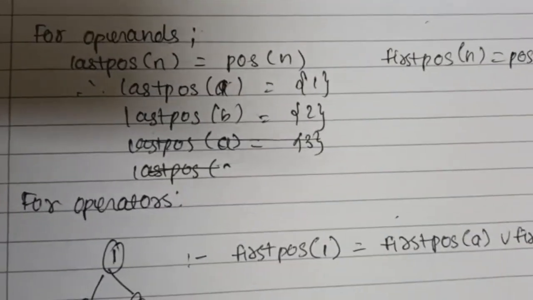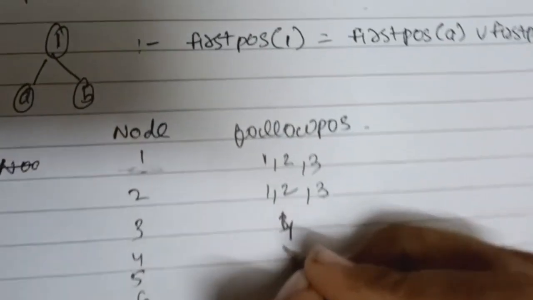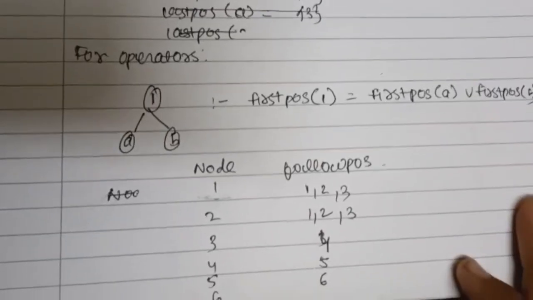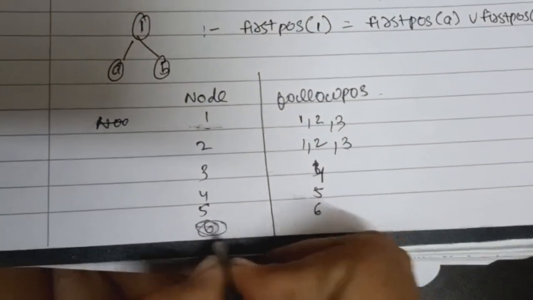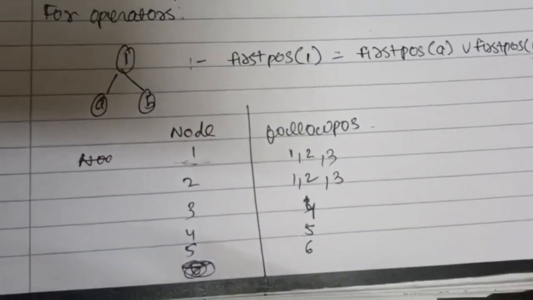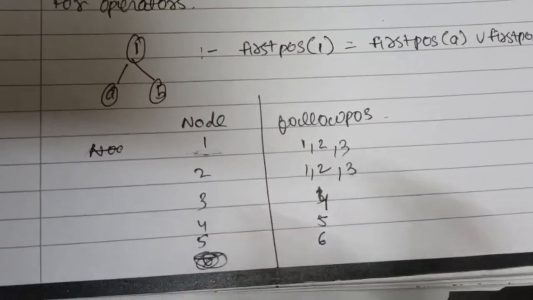For 3 it is 4, for 4 it is 5, and for 5 it is 6. This is the way we have found the follow positions. We will not get any follow position for 6 because it is just the end of the regular expression; we used it only for marking the end.